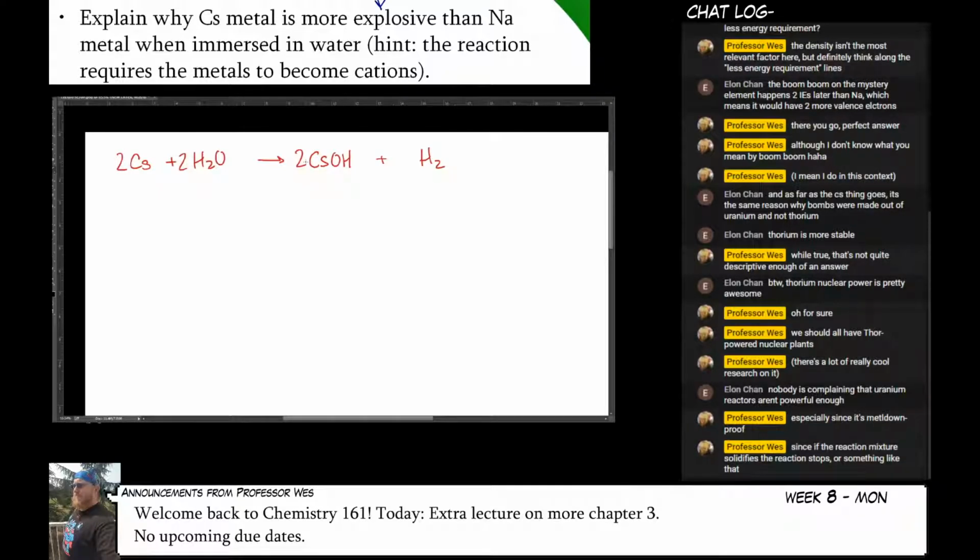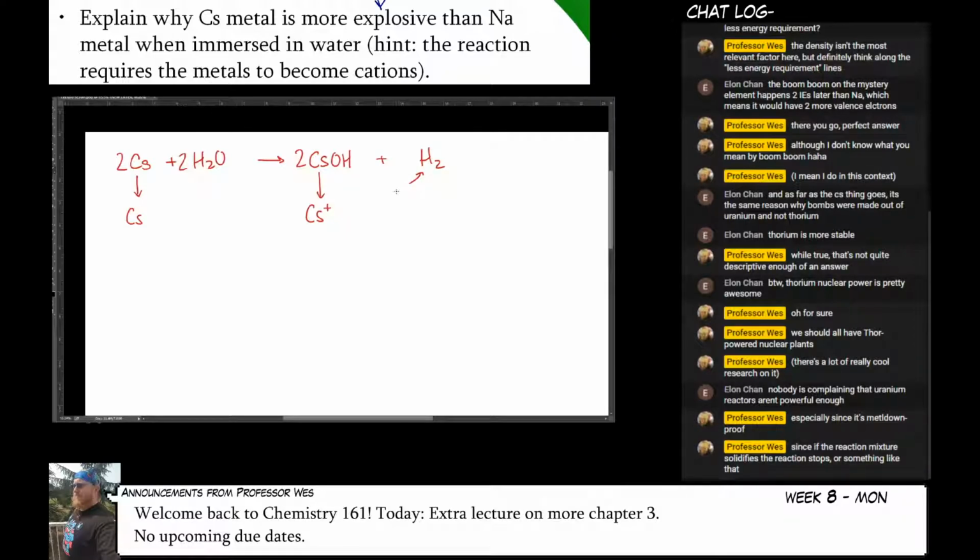You can replace cesium with sodium, and it's exactly the same thing. But what's happening here is this is cesium metal, but this is cesium cation. So we're actually ionizing cesium in this process when you drop it in the water. You rip off the electrons and you pass them to hydrogen, which is why you make hydrogen gas at the end there. Your H pluses that are ripped off of water become H2.